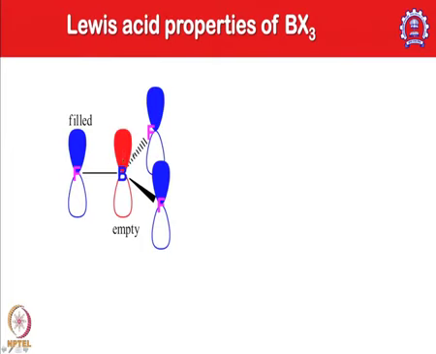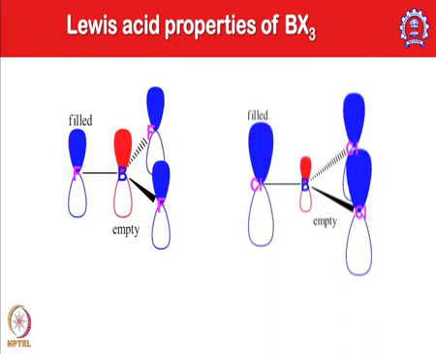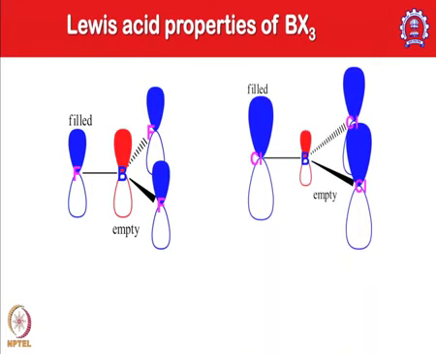As a result, it carries multiple bond character, and as a result, it is less Lewis acidic in nature compared to BCl3. The same thing you can see here in the case of BCl3: the size of the p orbitals is a little larger compared to the boron p orbital.